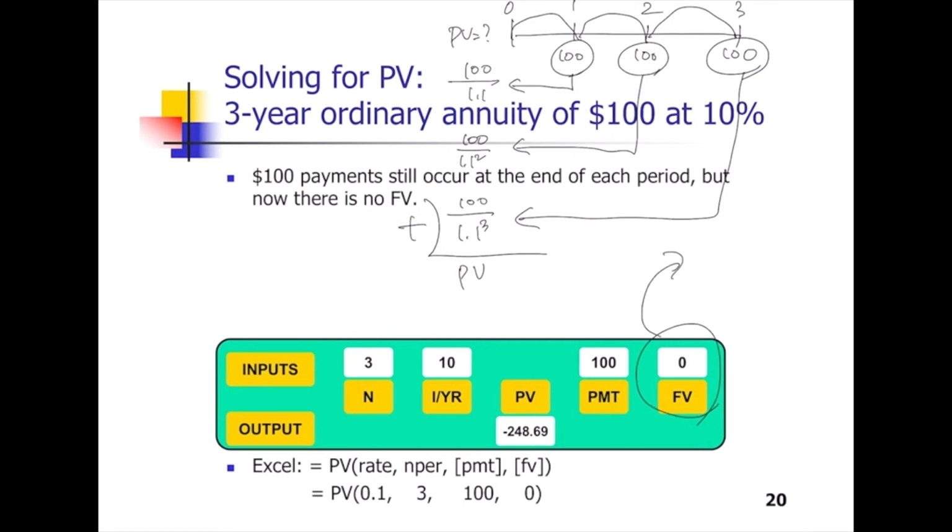This means there is no additional cash flow at the end of the timeline, except payment. You can also use Excel. The function is PV, right? The rate is 10%, so 0.1 or 10%. The number of periods 3, the payment is 100, the FV is 0, and you can get this number.